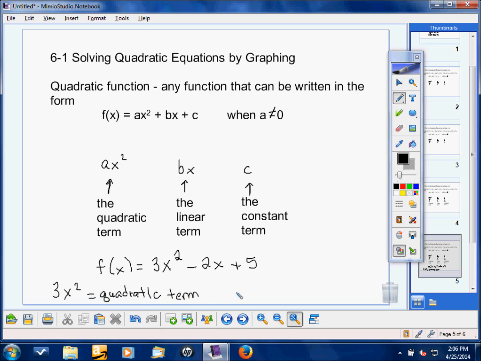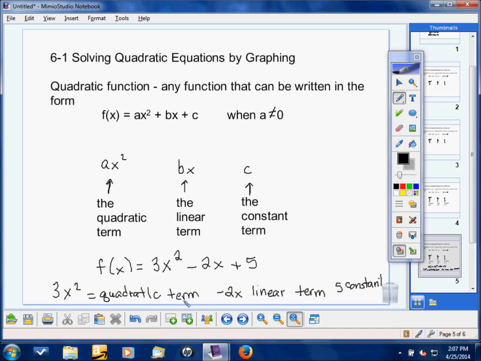And which would be the linear term? Negative 2x. Negative 2x is the linear term. And the constant? 5. 5 is the constant. Now, so far, not hard, right?